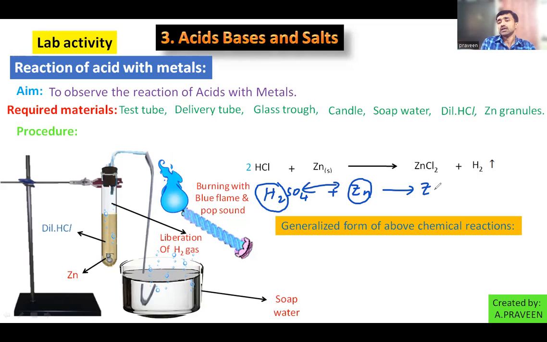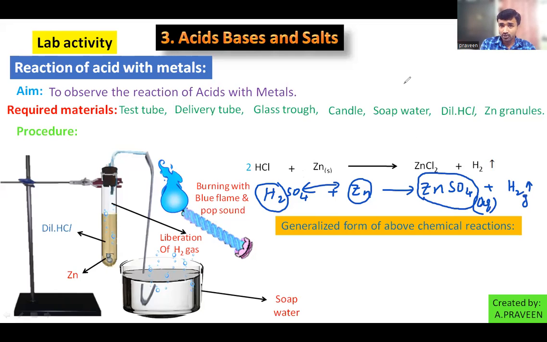The products are zinc sulfate and liberation of hydrogen gas. Whether it is sulfuric acid or HCl, simply, a salt is produced. In what form? Liquid form, so we write it as aq, an aqueous solution of salt, and hydrogen gas is liberated.